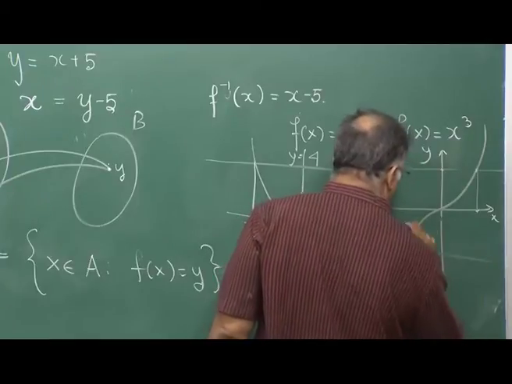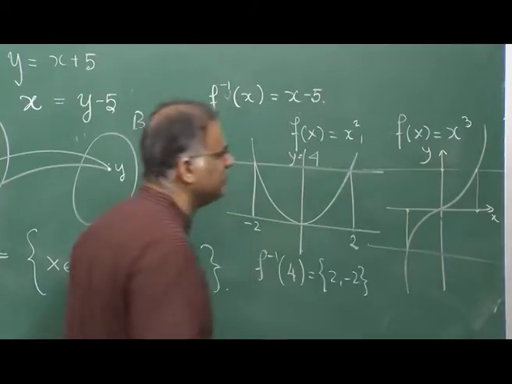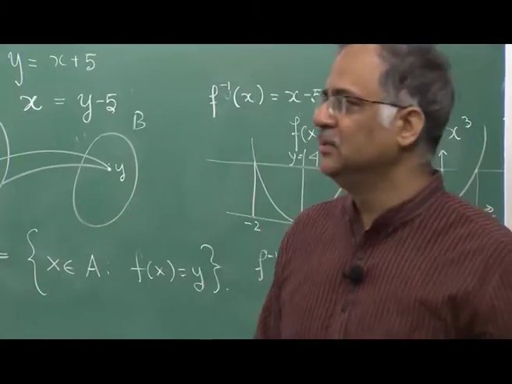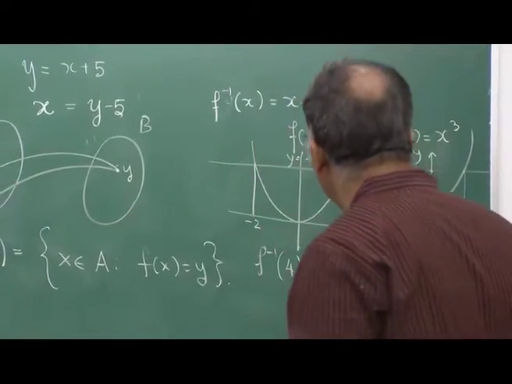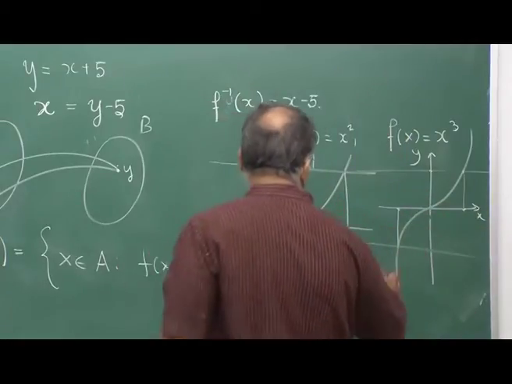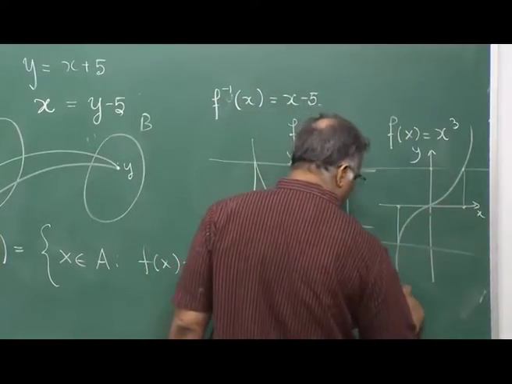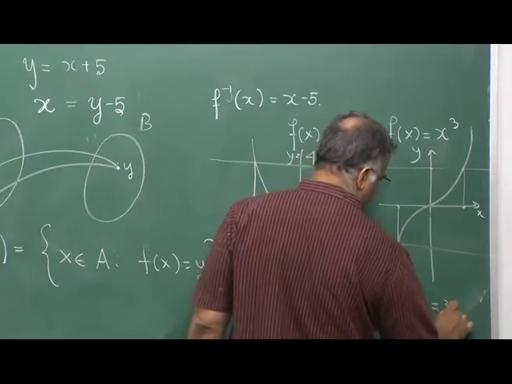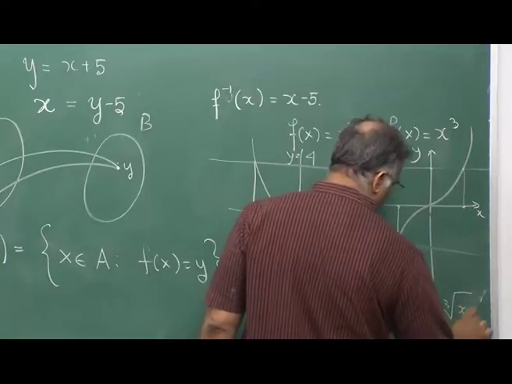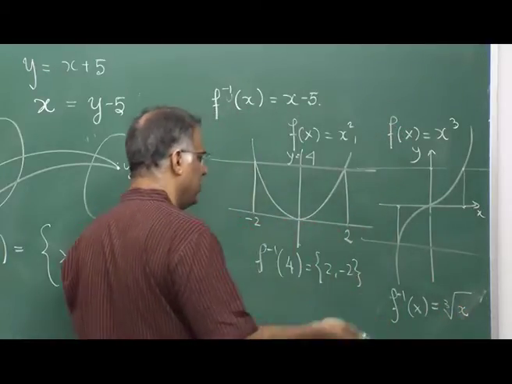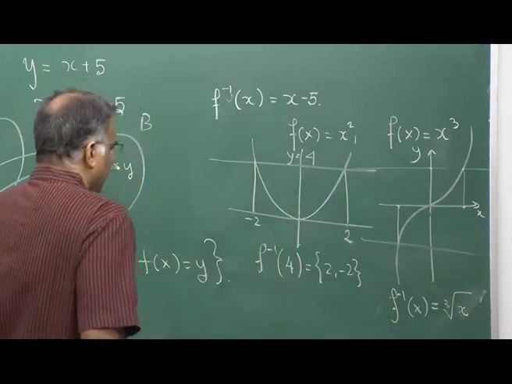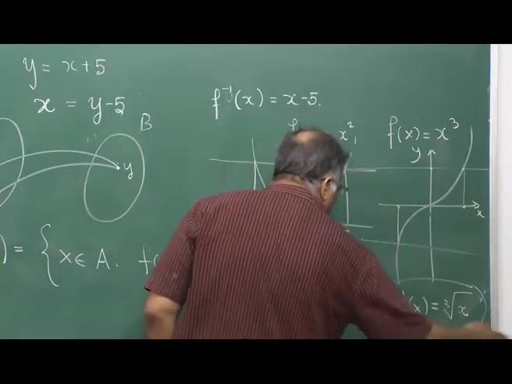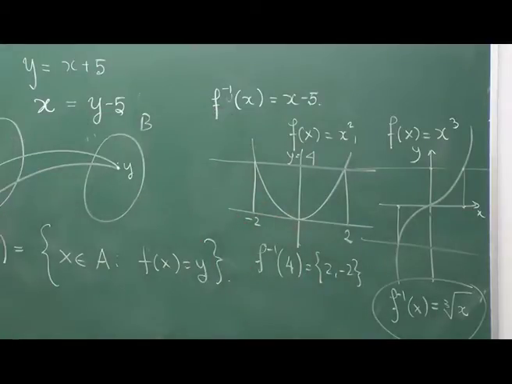So, there is a bijection between the x's and y's, which means this function has an inverse. As y equal to x cube, x is cube root of y, but usually this is the standard way of writing. Obviously, you can write f inverse y is cube root of y, that is also acceptable.